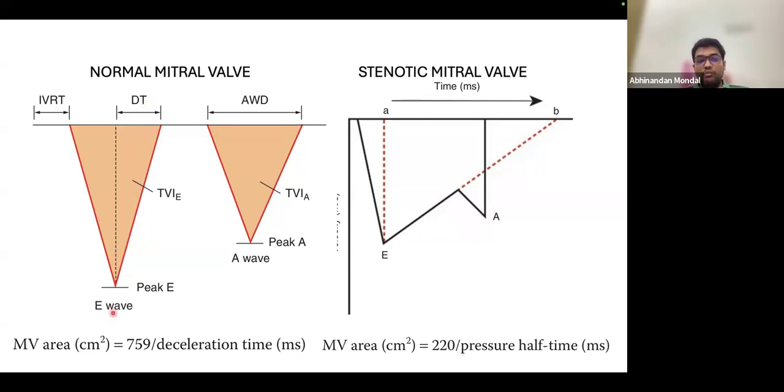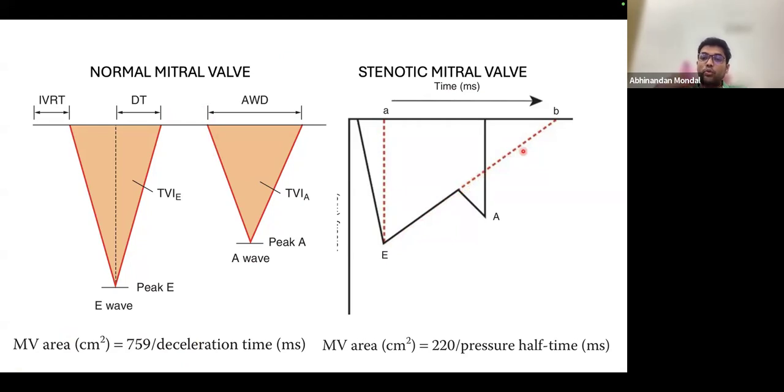So for mitral valve area, there is another formula by deceleration time. If you divide 759 by deceleration time, you will get the mitral valve area. In a case of stenotic mitral valve, you can appreciate there is no diastasis also. You can see the peak also decreases, and the pressure becomes equal much later on.